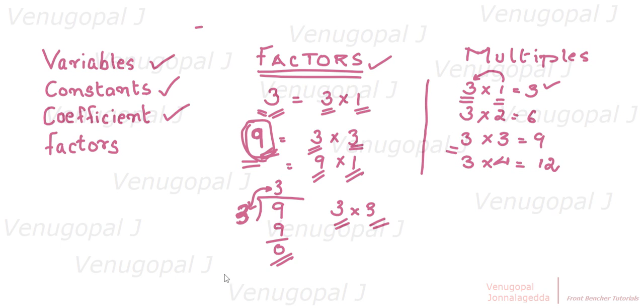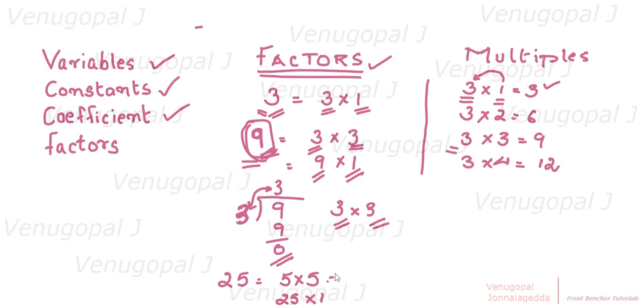Now let's find out the factors of 25. 5 into 5 is 25. Then you have 25 into 1.